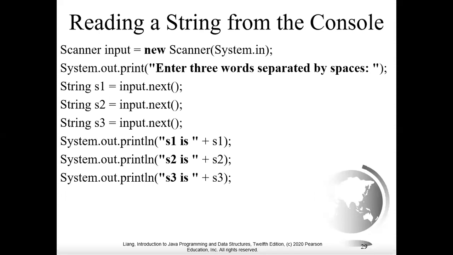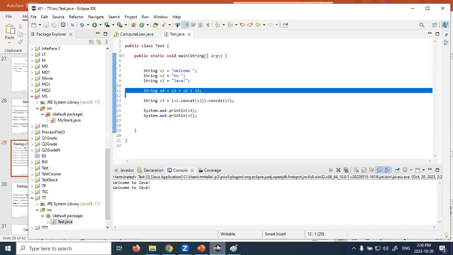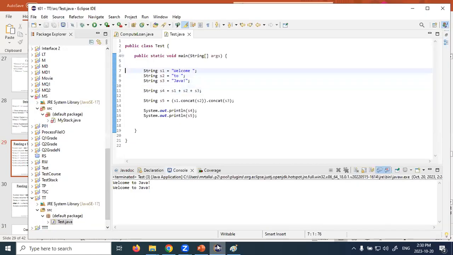So, you can ask the user to enter something. Do you agree with me? And receiving next. Next means you take one token in string format. You want to get the entire thing? Next line. You understand the difference, right? I must have told you sometime back. So you have a scanner, right?